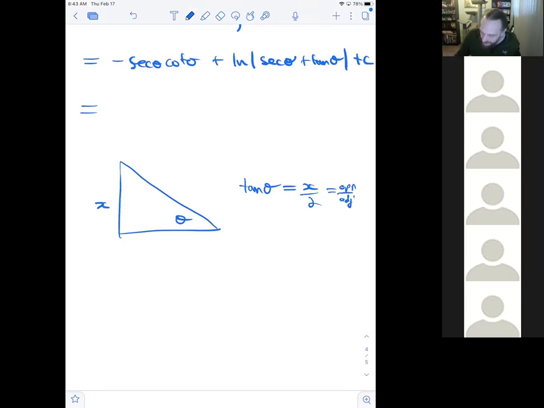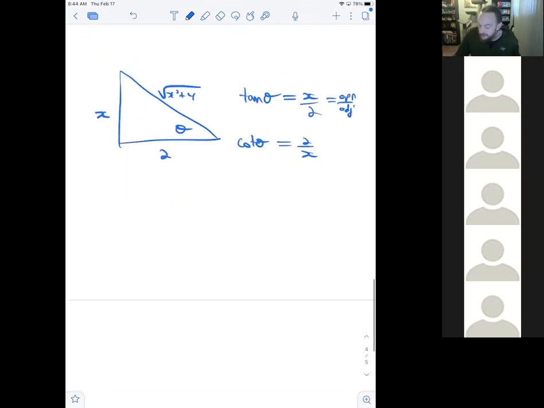So this is opposite, this is adjacent, and this guy is going to be the square root of x squared plus 4. Now I just build from that triangle. What do I need? I need secant. So that says immediately cotangent theta is going to be 2 over x, and secant theta is going to be the square root of x squared plus 4 over 2.